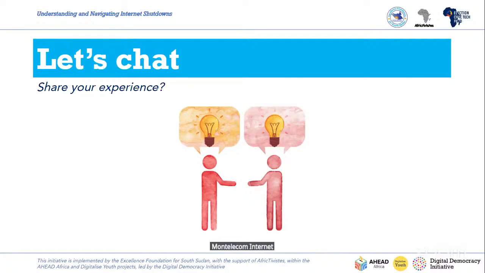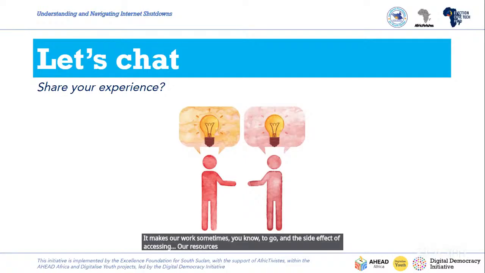It makes our work sometimes not go on, and accessing news or resources becomes hard. Let me give an example of what recently happened in Tanzania and Uganda, where they shut down the internet during the election. It makes life more difficult for people to access internet.